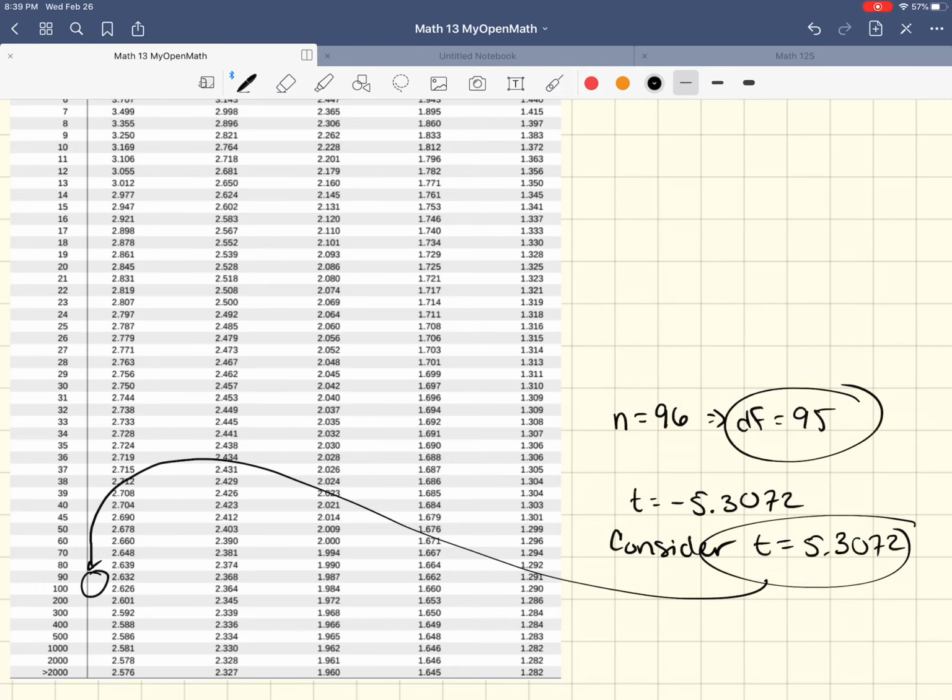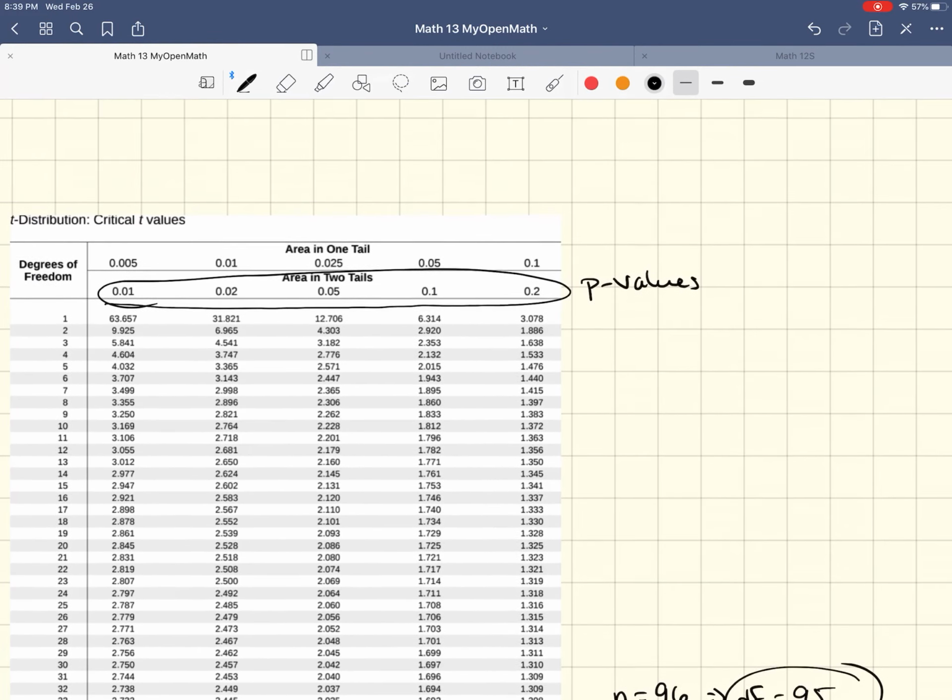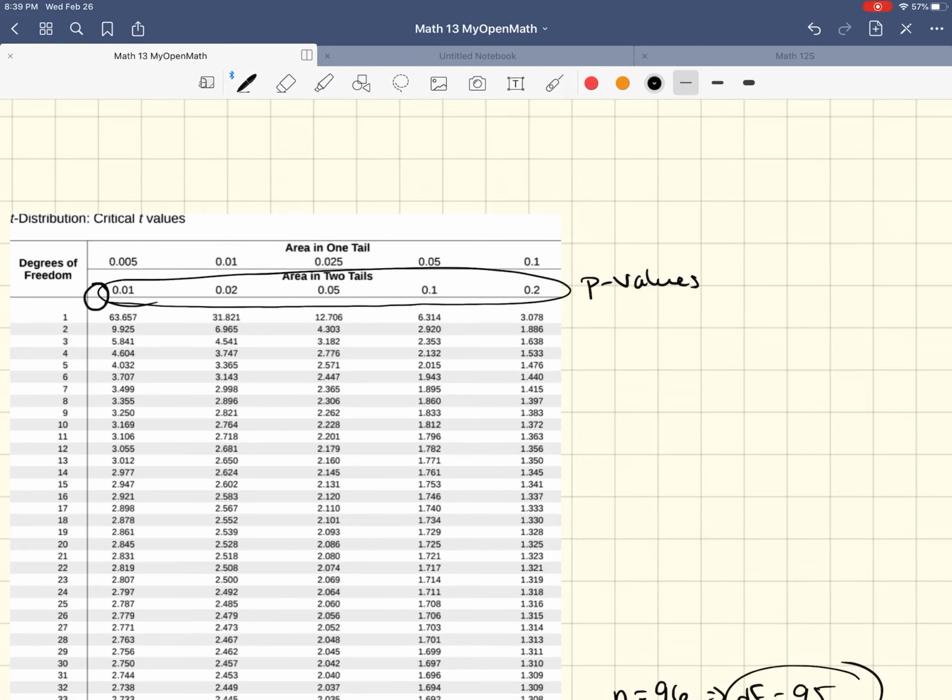Between 90 and 100, we're way over here on the far left column because it's much bigger than the 2.6s that we see to the right. So if you travel up that column, if we scroll up a little bit, remember we were way over here, what that tells us is that our p-value must be smaller than 0.01.